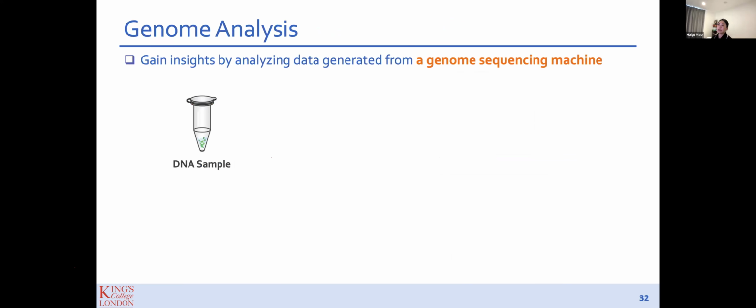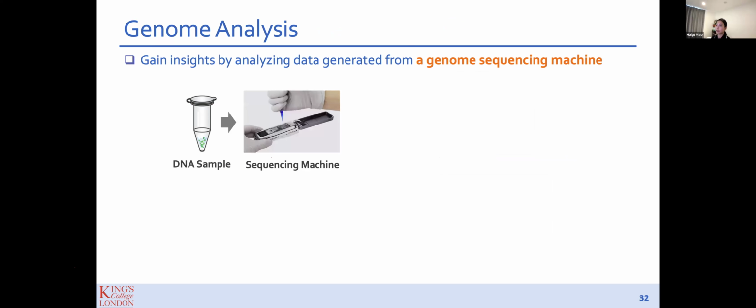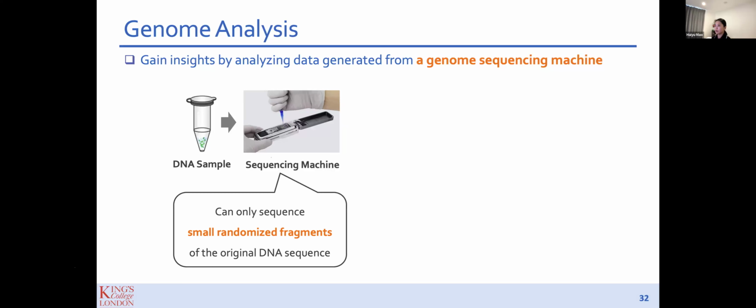Genome analysis is the way that we can gain insights by analyzing data generated from the genome sequencing machine. So the procedure is that, for example, we have the DNA sample here, we put it in the sequencing machine, and it's worth mentioning that the current state-of-the-art genome sequencing machines can only sequence small and randomized fragments of the original DNA sequence, meaning that we cannot have the whole string, and these pieces are randomized.